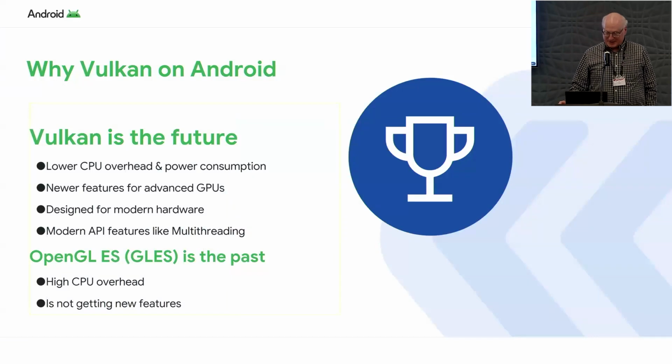Okay, so I think everybody knows why Vulkan is great, why we moved to it and are giving up OpenGLES, or GLES as we frequently refer to it. I'll point out one thing that maybe we haven't talked about a lot, which is power consumption, right? Vulkan allows you to get not only better performance and features, but it can allow you to get better battery life. So important thing.